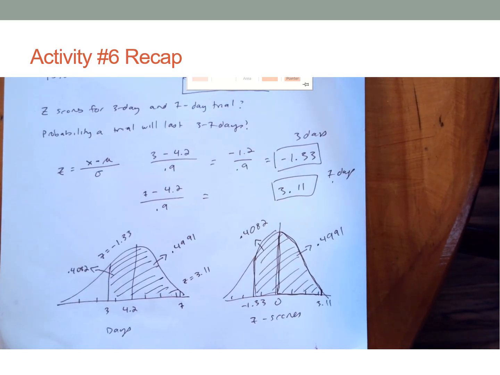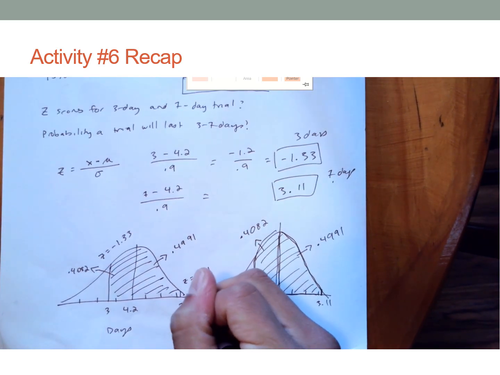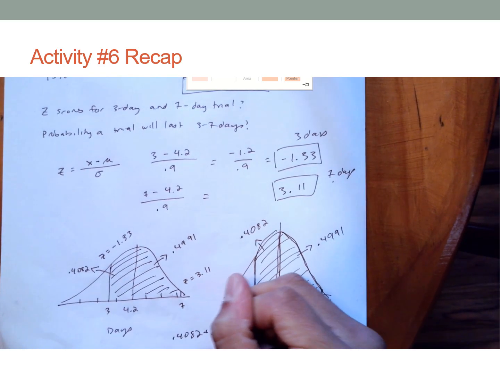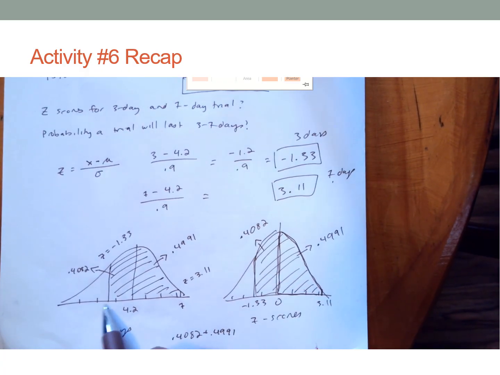In order to find our total final probability here, we're going to add these two values together. So we're doing 0.4082 plus 0.4991 to capture the entirety of this shaded area we have on the graph here.